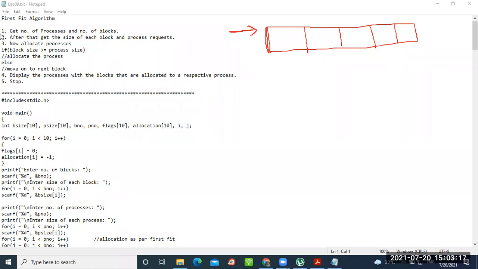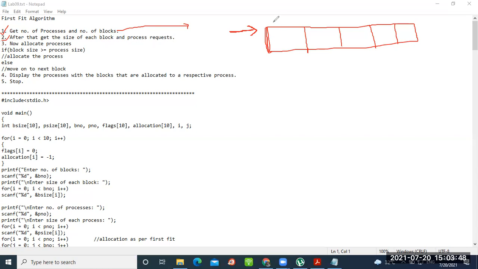So if you see the algorithm here, step number one: get the number of processes and number of blocks. I will take this as input, that is, how many processes are requesting memory and how many blocks are available. Once that is clear, we will get the size of each block and each process requested.